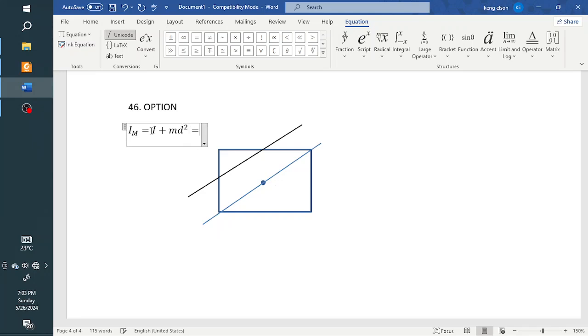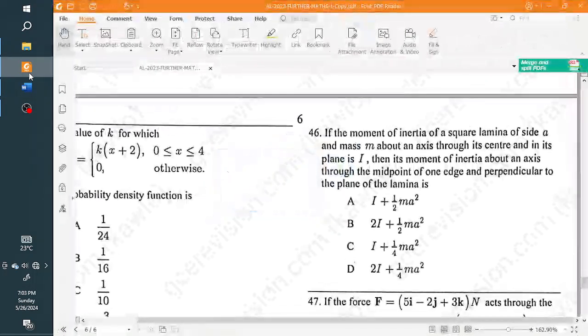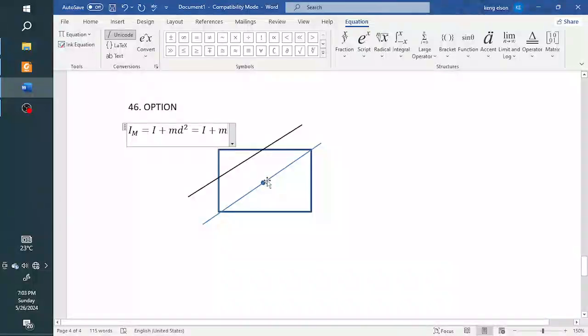So this is just I, because I was the moment of inertia about an axis passing through the center, plus the mass of the lamina, was it m? Yes, it was m. Now what is the distance separating the two axes?